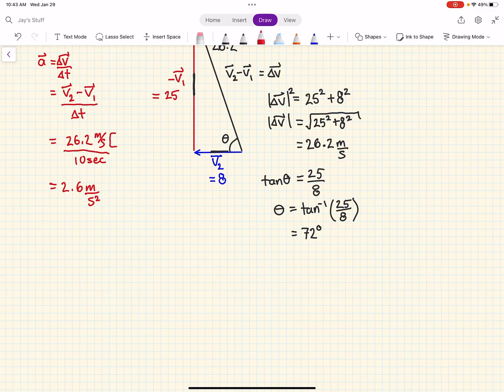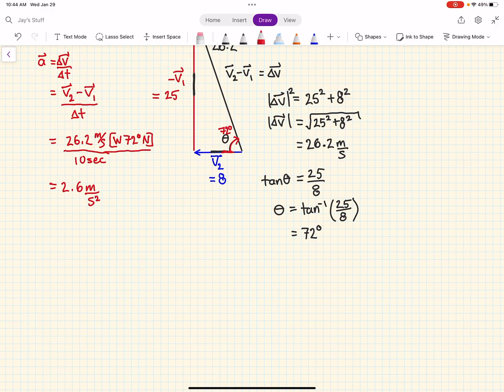So we could actually put that right in here. So it's west, 72 degrees north is how you would describe that direction. Start west, move 72 degrees north, and that tells you which way that black vector is pointing.